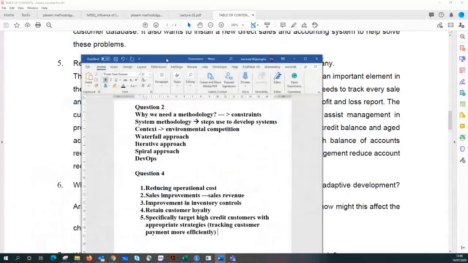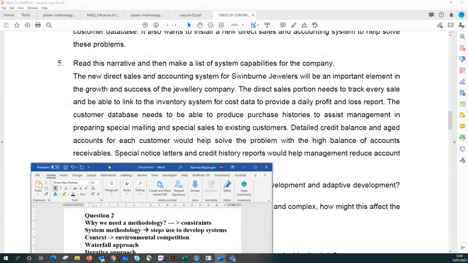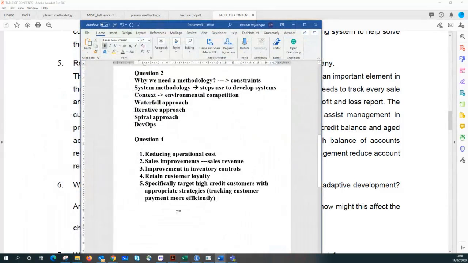So that's what they ask. What they want us to come up with are some kind of capabilities that we can adopt in order to derive these business benefits, right?